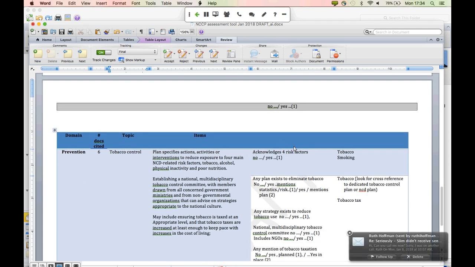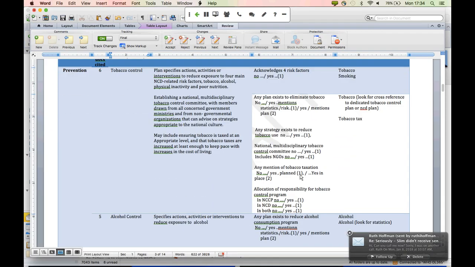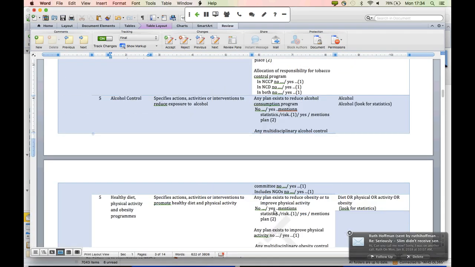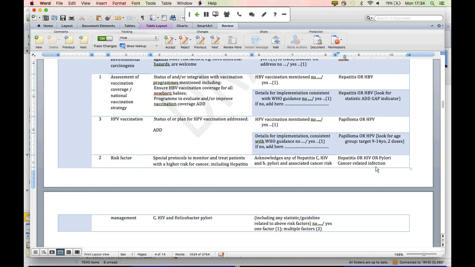Here is the topic. Here is the specific elements, and then the last one is the specific question, the search term that should be used. For example, for occupational carcinogens, after our initial review, we thought we should include silica, dust, environmental, chemical. These were the search terms that we thought were the most appropriate.